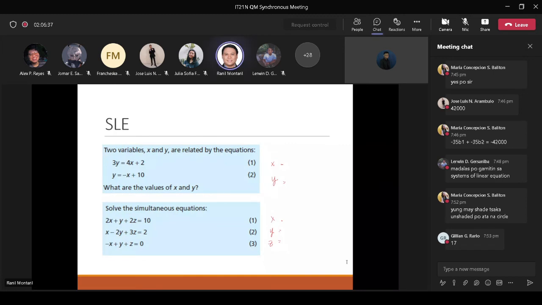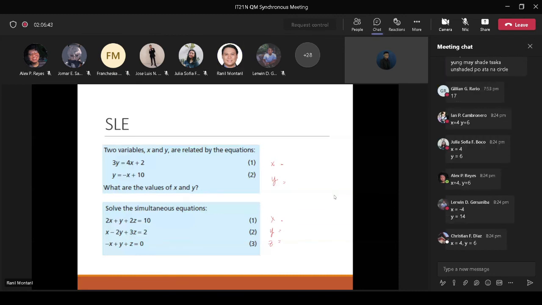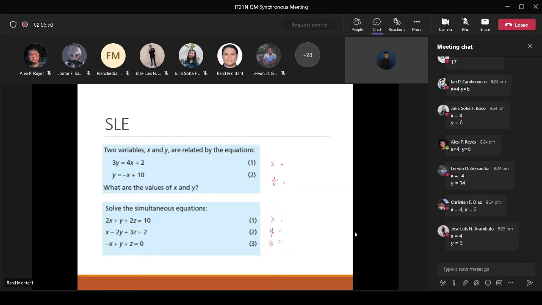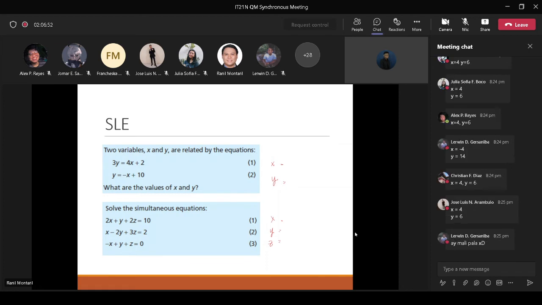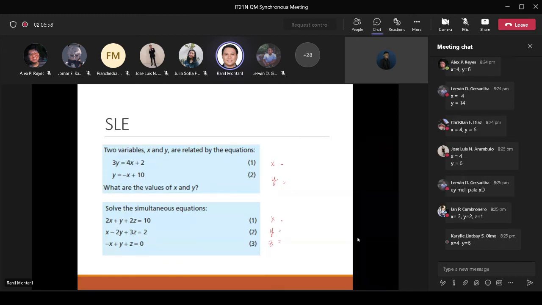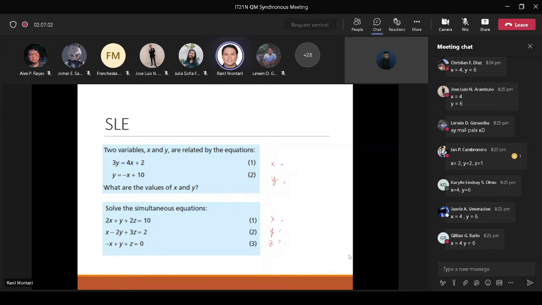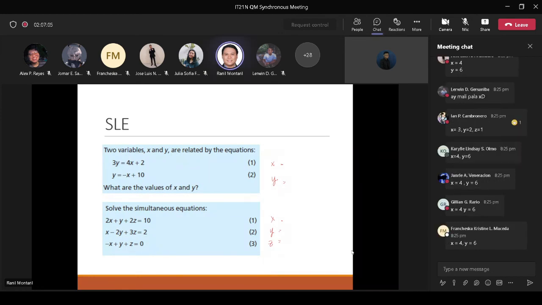For part 2, most of you have solved it with 4 and 6.